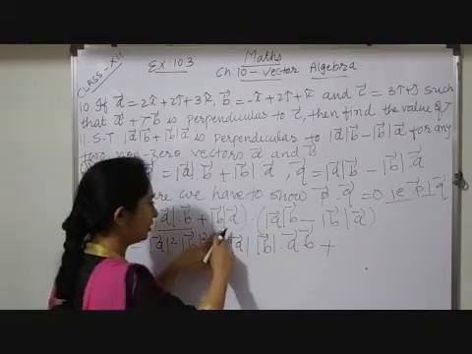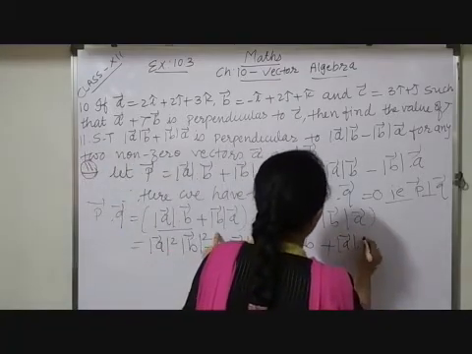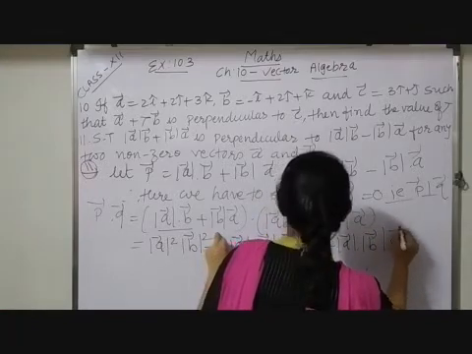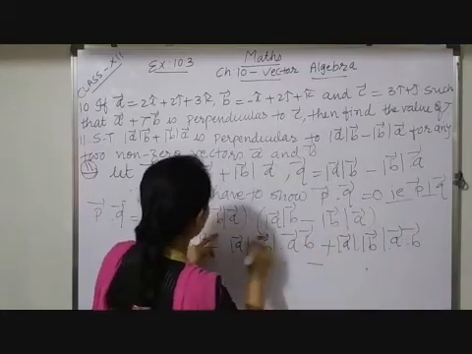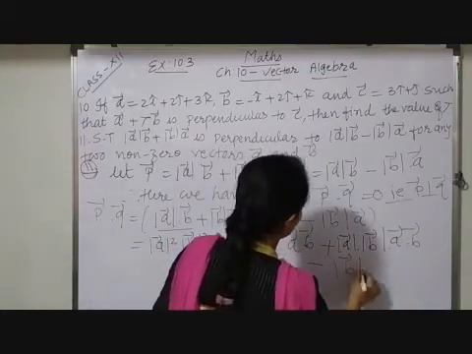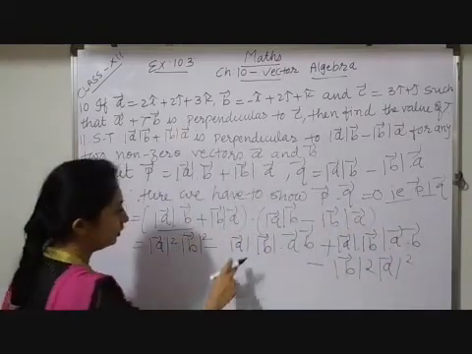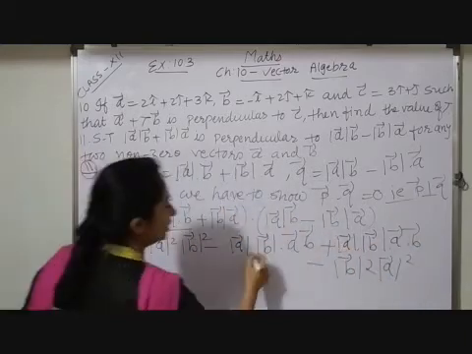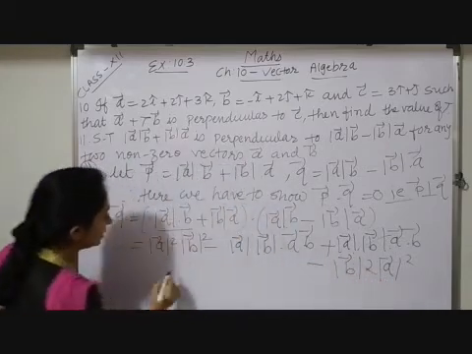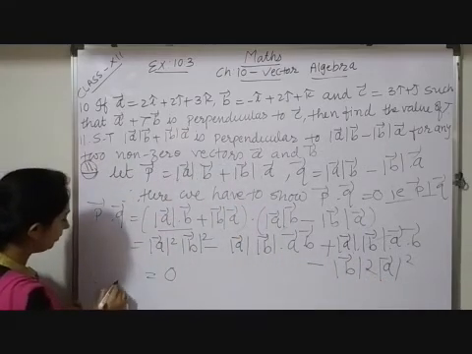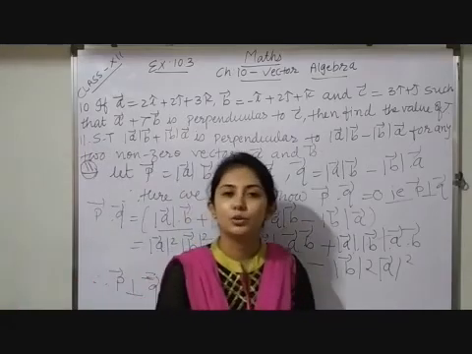So in place of magnitude B, magnitude A, I may write magnitude of A into magnitude of B, so magnitude of A magnitude of B into A dot B, plus minus minus magnitude of B squared, A dot A, magnitude of A squared. Now these both are going to be cancelled, 0. Magnitude of B square, magnitude of A square, magnitude of A square, which equals 0. Therefore P is perpendicular to Q. So children, hope both these solutions are understood to you.